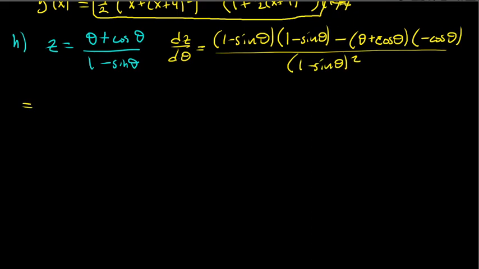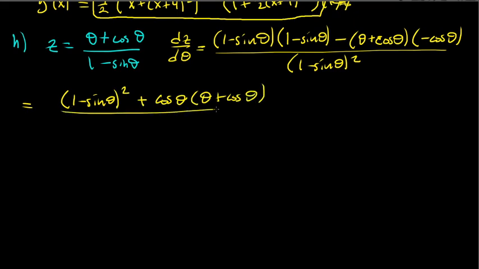All right, simplify. So notice what we can do here in the numerator. We can either expand this out, or notice that it's just 1 minus sine theta squared. And then let's do a plus cosine theta times theta plus cosine theta. So you can do two things here, right?